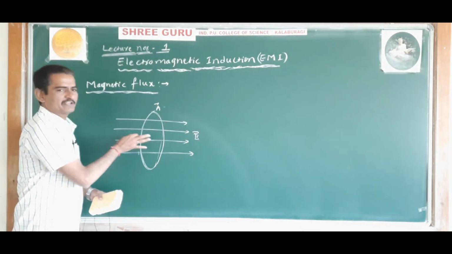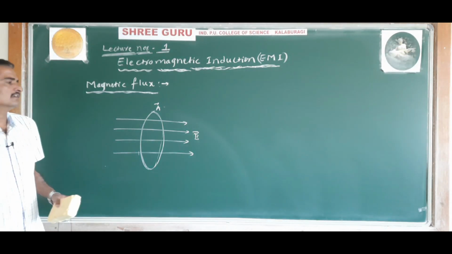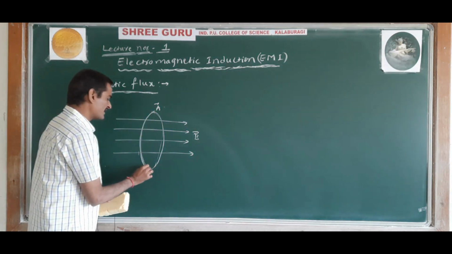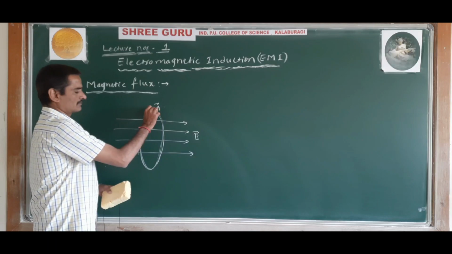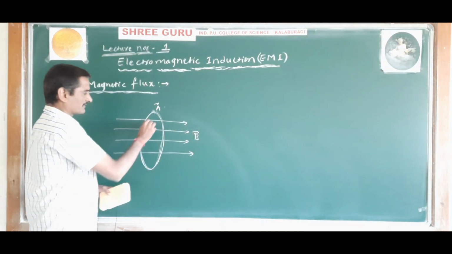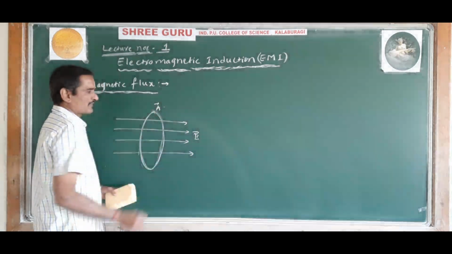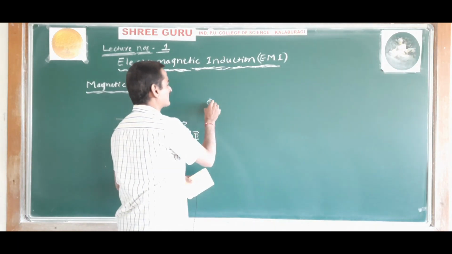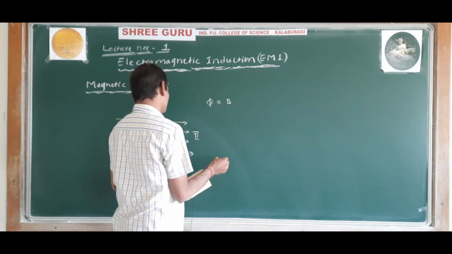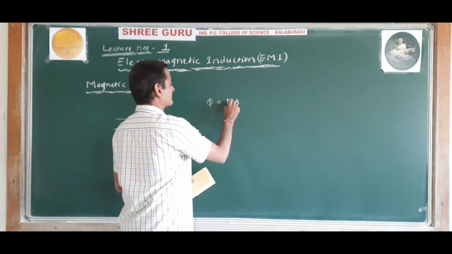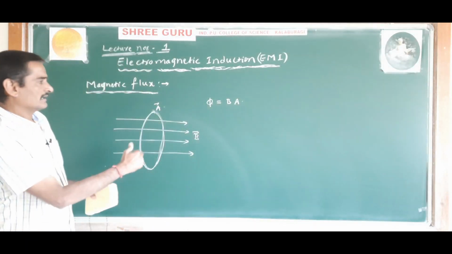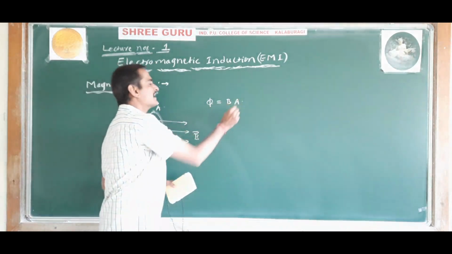So the magnetic field is perpendicular to the surface area. Then the magnetic flux linked with this coil or surface is given by the product of magnetic field and area, that is, B into A.